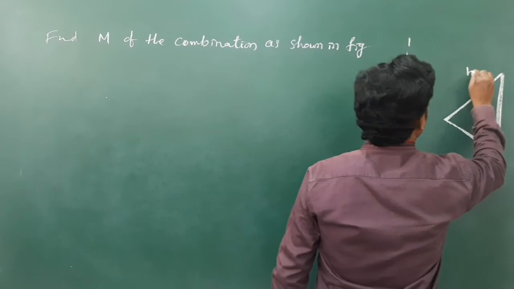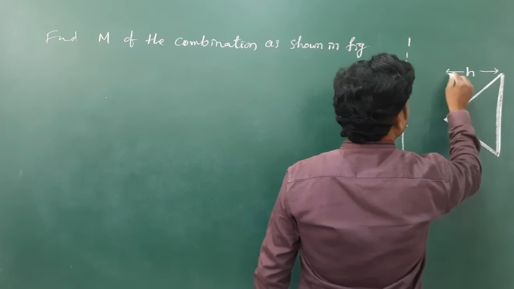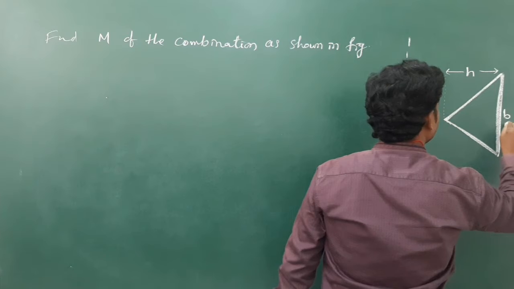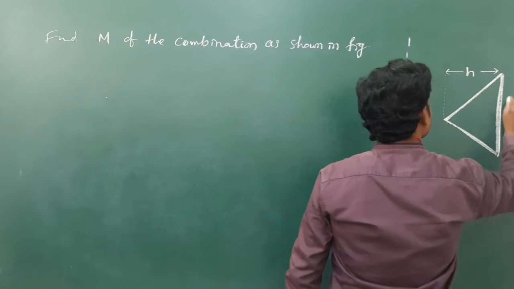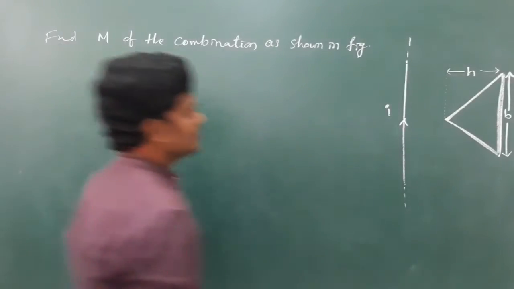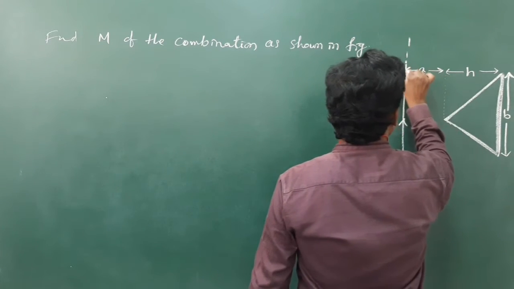The height of the triangle is given as h, and this side is given as b. The gap is also mentioned. This gap is a.